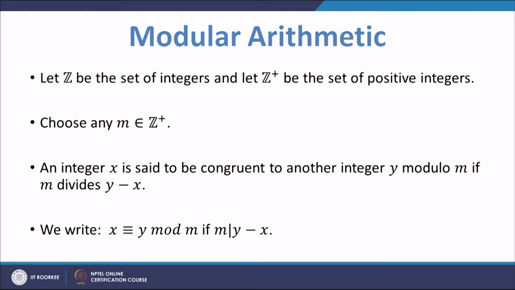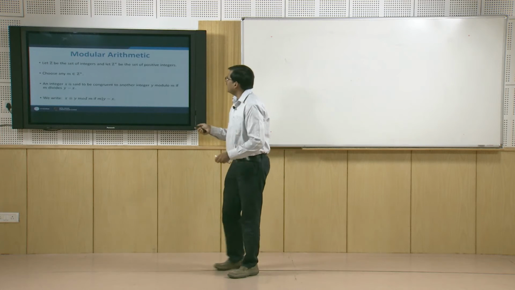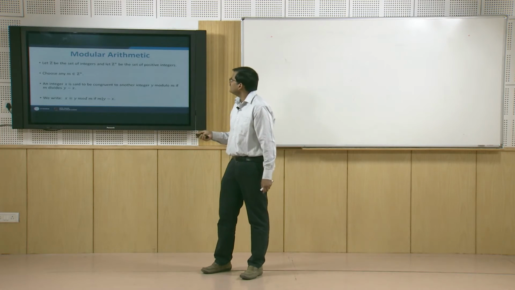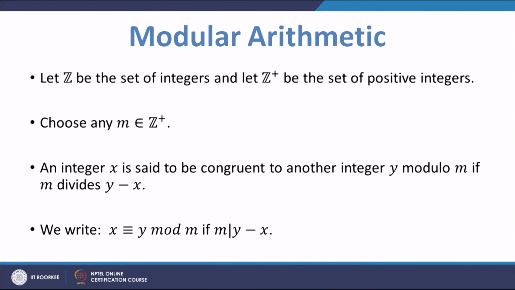Now again our starting point is Z, and we denote the set of positive integers by Z superscript plus. Now we choose a positive integer m. Once we have chosen an m, we say that an integer x is congruent to another integer y modulo m if m divides y minus x.